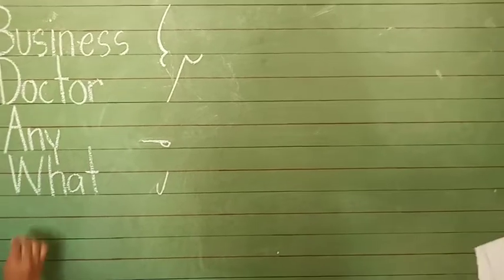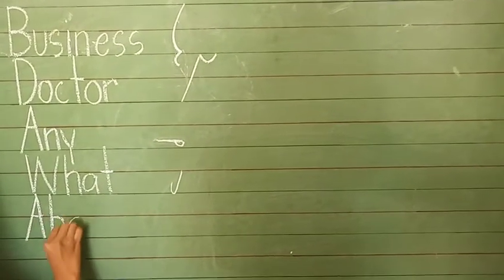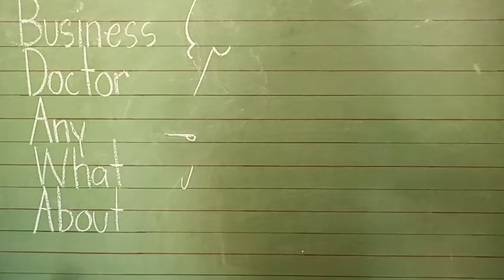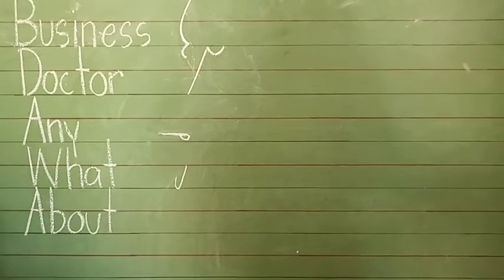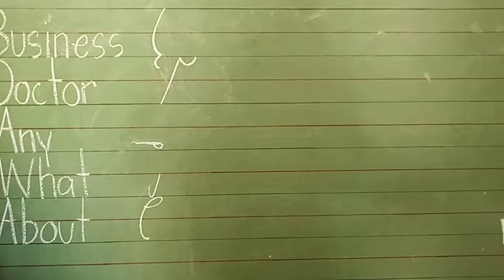Next, about is represented by A and B stroke.